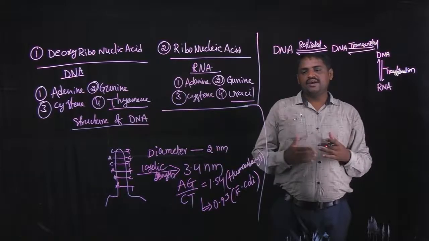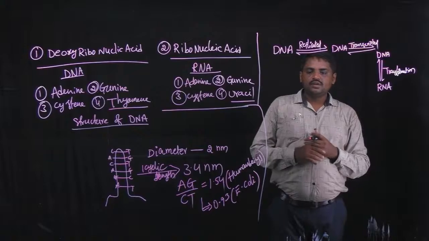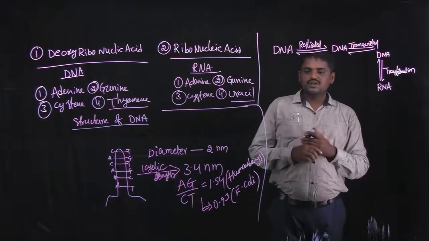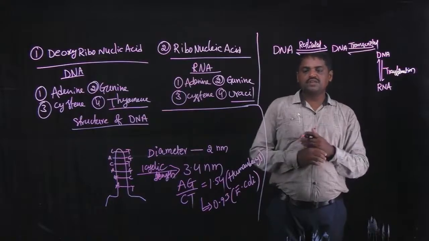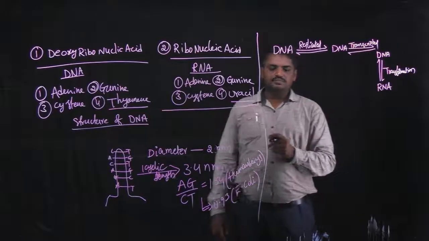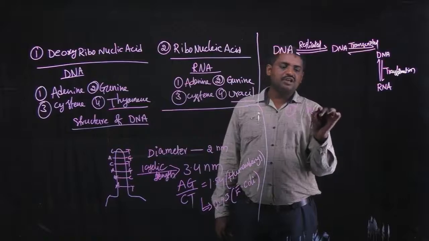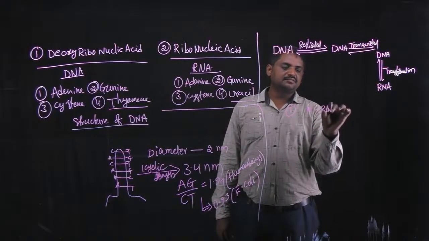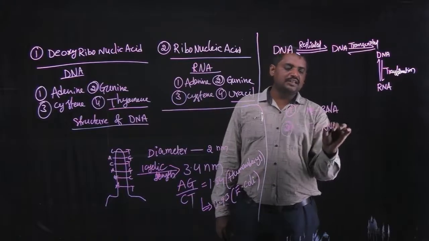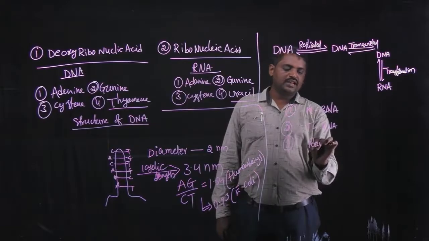These are subdivided into categories. First one, messenger ribonucleic acid. Second one, transfer ribonucleic acid, and ribosomal ribonucleic acid.